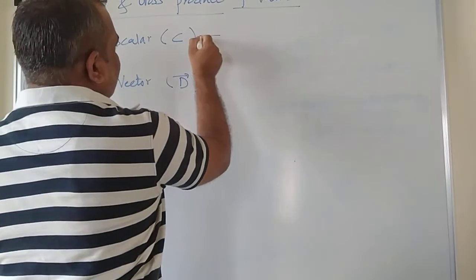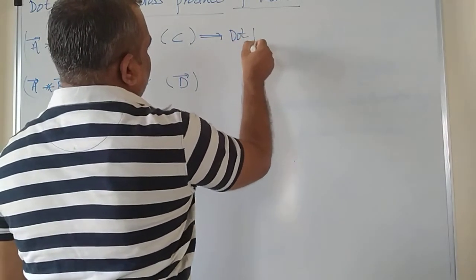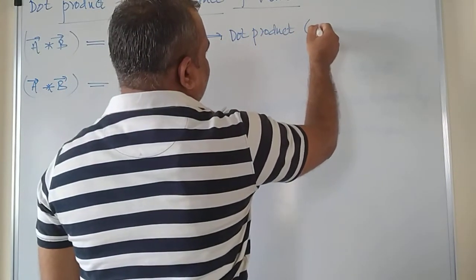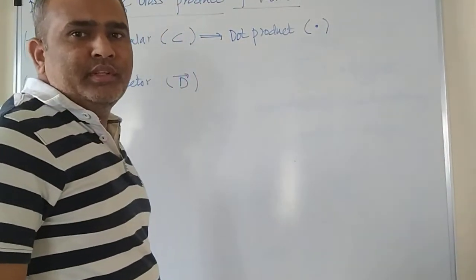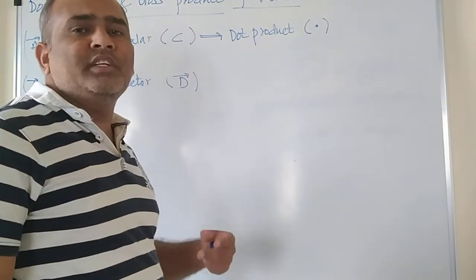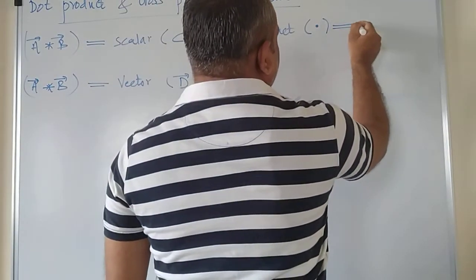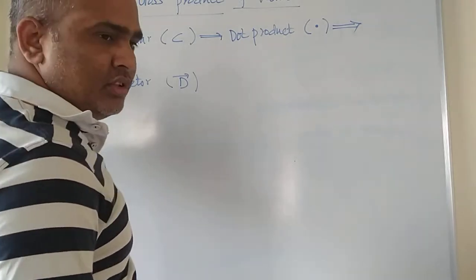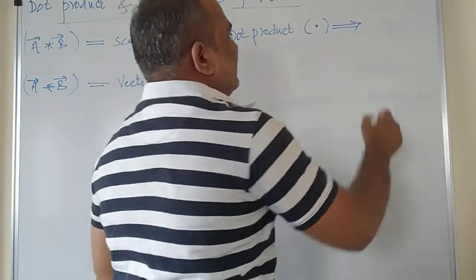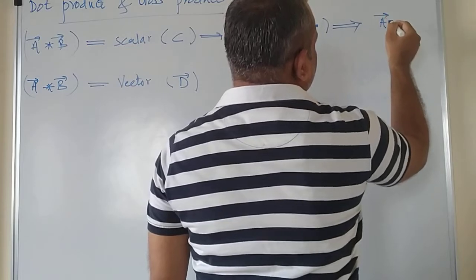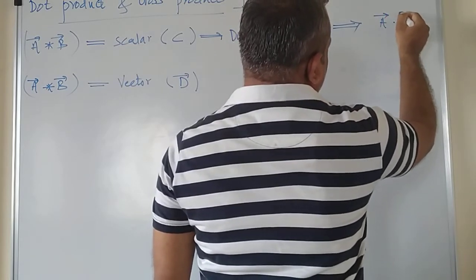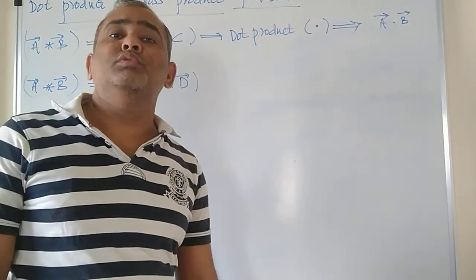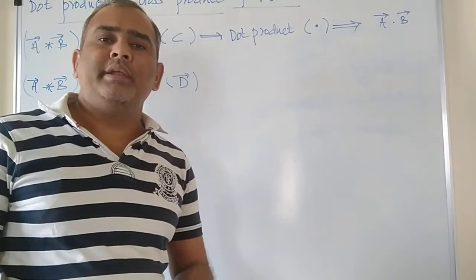So I can say here, this gives you a dot product. And this dot product is represented with a dot between the two, and that's why it is named a dot product. Therefore, the product between two vectors which gives you a scalar is denoted with this dot, so a bar dot b bar. This is the way of representing the multiplication of two vectors depending upon their results.